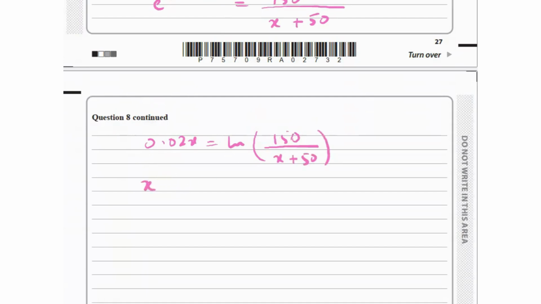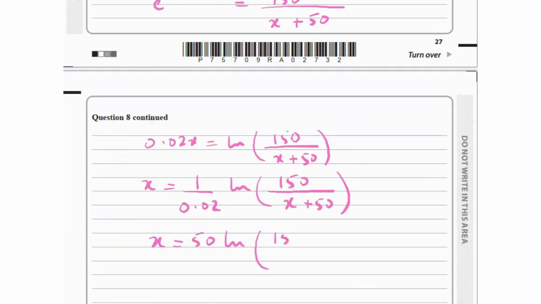Then we divide this by 0.02, and 1 divided by 0.02 is basically equal to 50. So that is your value of x as given in the question.